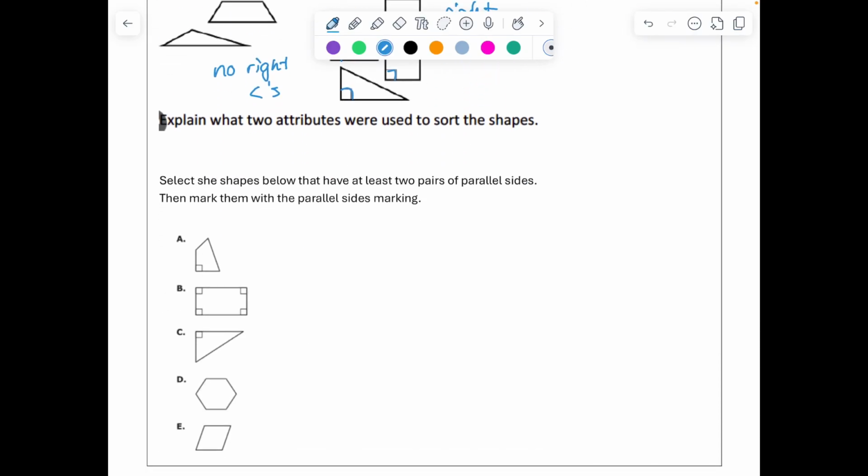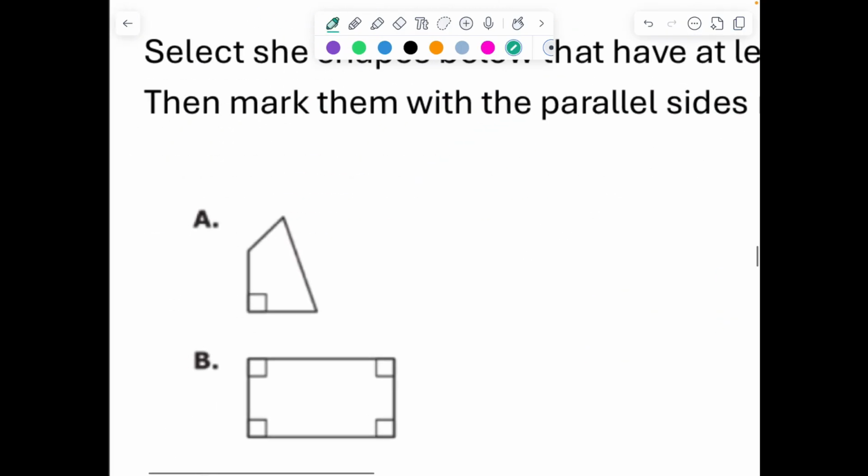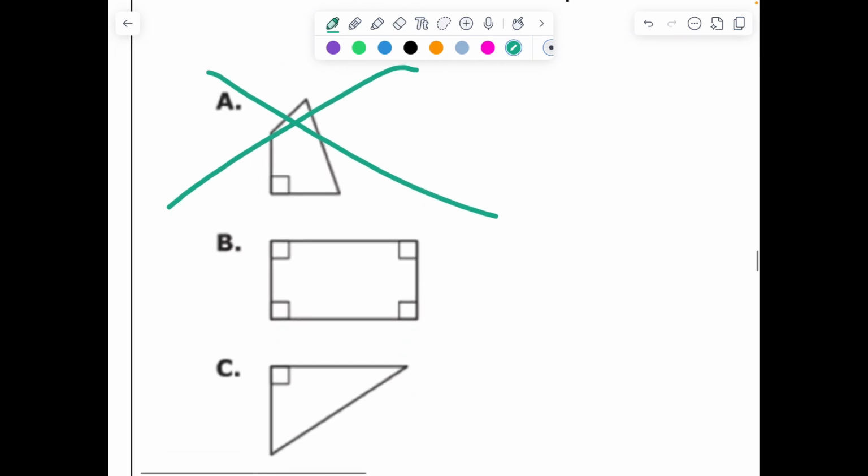We're going to select the shapes that have at least 2 pairs of parallel sides. So reminder, parallel sides are the ones that look like they will never, ever touch. And then we mark them with parallel side markings, which is the arrows. So this first shape does not have any parallel sides, nothing there.